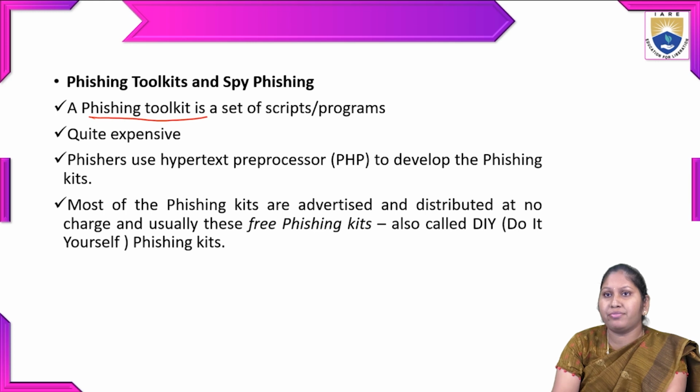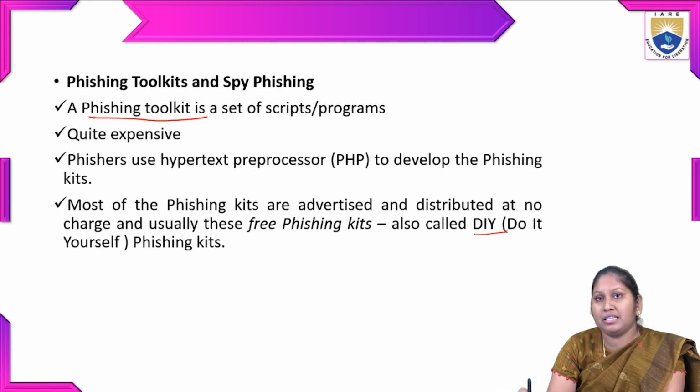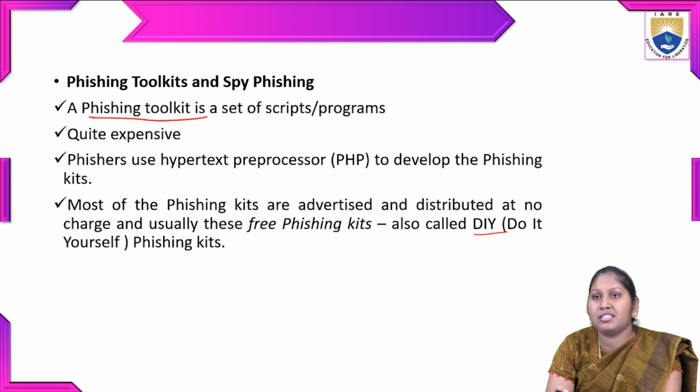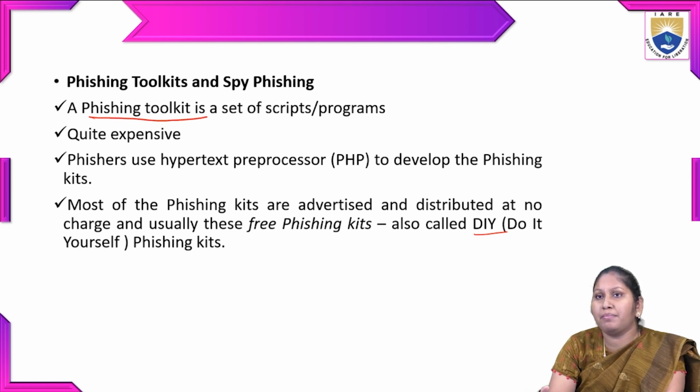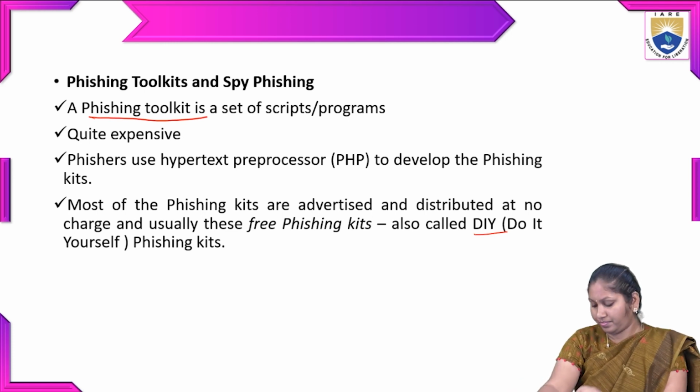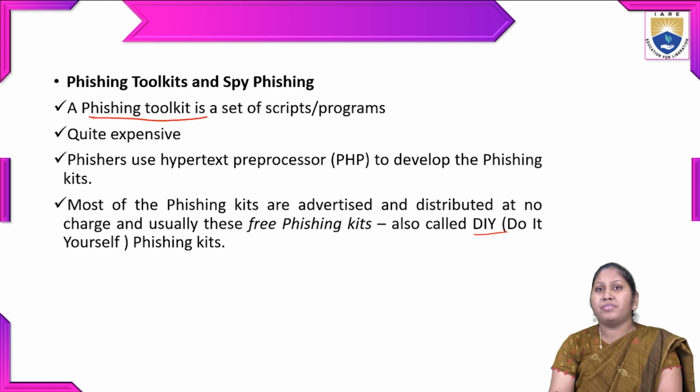Usually these free phishing kits are also called DIY, do it yourself phishing kits. These kits have all the scripts and programs already developed within them, so anyone can make the attacks. So these are some phishing toolkits and spy phishings.